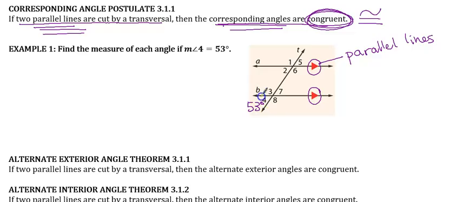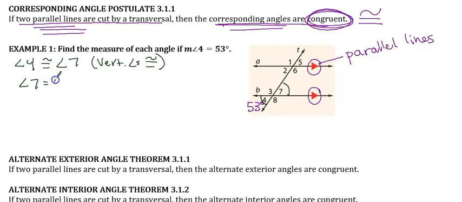So angle 4 is congruent to angle 7, because the vertical angles are congruent. So we know that the measure of angle 7 equals 53 degrees as well.